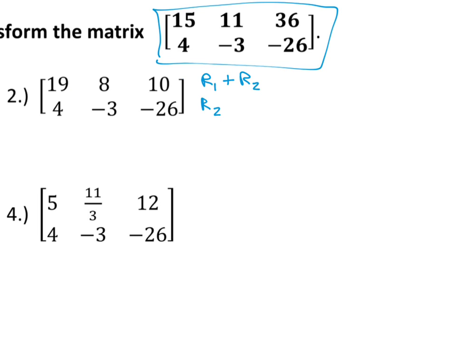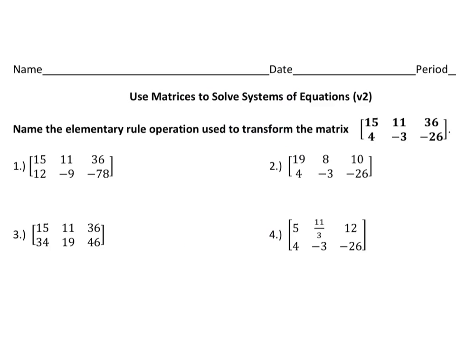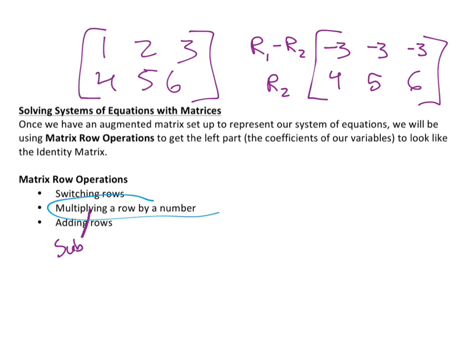And then looking from here to here, again, our second row is the same, but our first row has changed a little bit. We went from 15 to 5, 11 to 11 thirds, 36 to 12. Well, that was just dividing by a number, so it's divide by 3. But you may have wondered, I thought you could only multiply a row by a number.